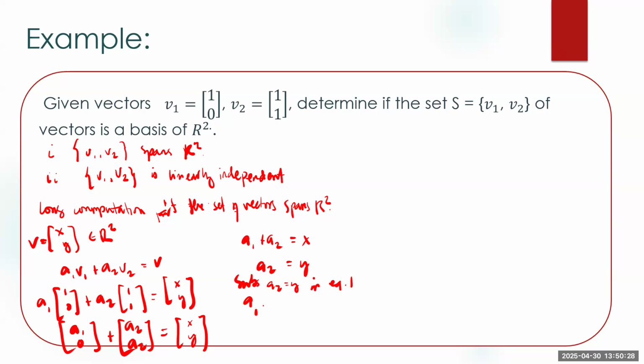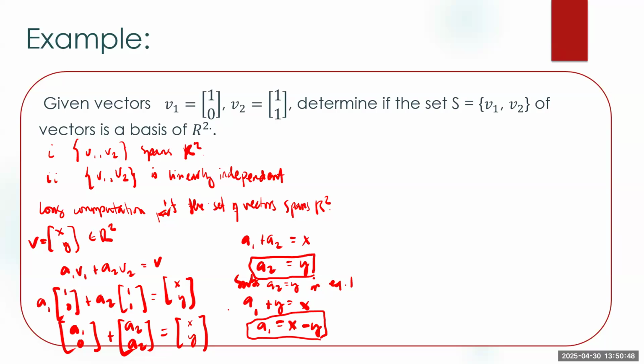So we have a1 plus y equals x. So the value of a1 is x minus y. So as you can see, we have the values of a1 and a2.